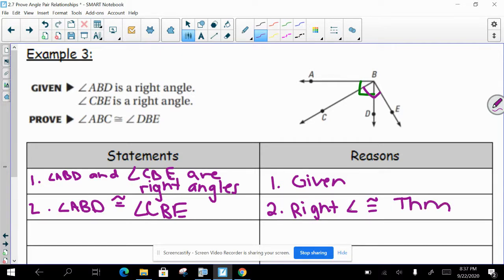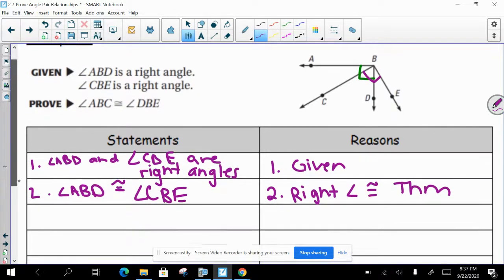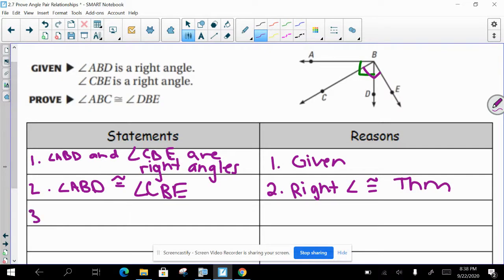Okay, and so here's the tricky part. After this, we are going to use the definition of angle congruence to say that the measure of angle ABD is equal to the measure of angle CBE.